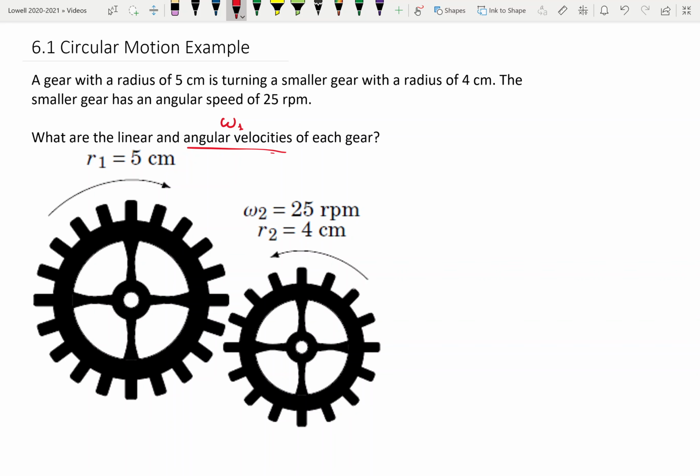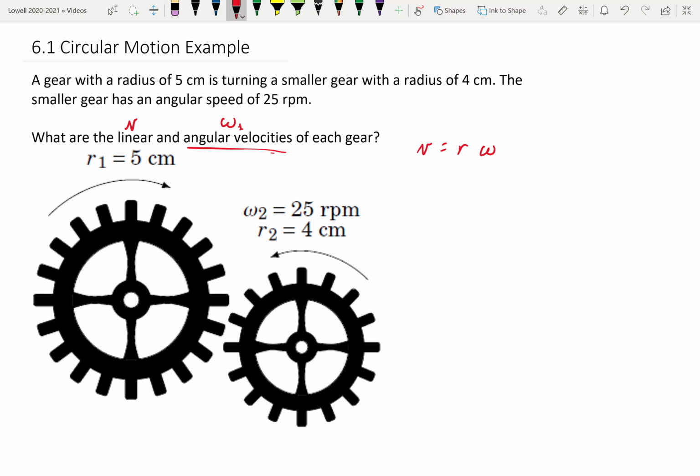So remember that the linear velocity, that's v here, is actually just equal to r times the angular velocity, just in general, assuming we have everything nice and figured out in radians.